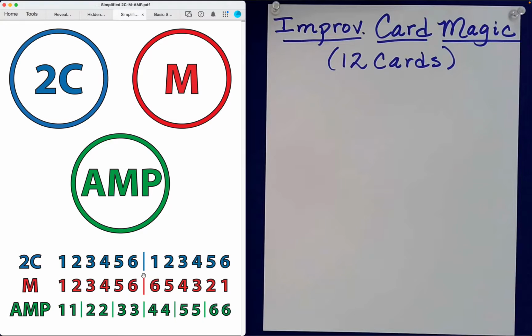And the last one's called an AMP. Now, AMP stands for adjacent mirrored pairs. And so you can probably see what's happening with this particular structure. What's happening here that's different is we're looking at a 1-1 followed by a 2-2, 3-3, 4-4, 5-5, 6-6.